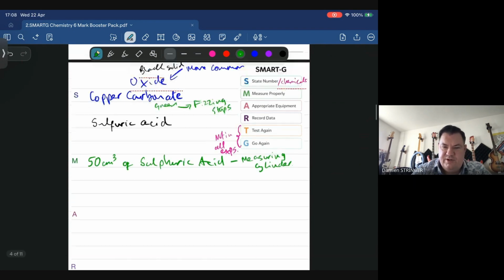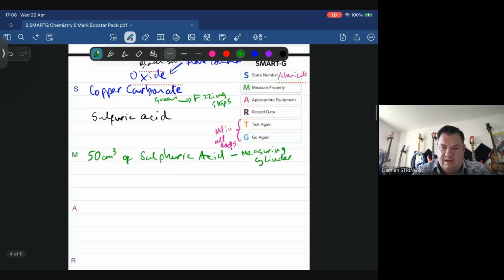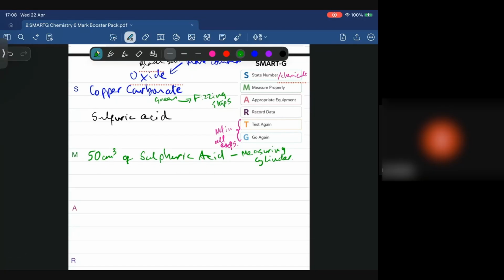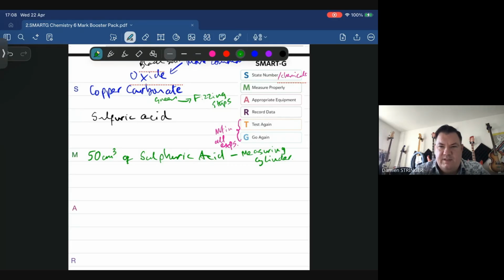In terms of putting our solid in, Louis, are we measuring that, or what would we do? Would you weigh it? You might weigh it. You don't actually know, though, how much you're going to need, do you? So there's no real advantage in weighing it. What do you normally do, Amina?